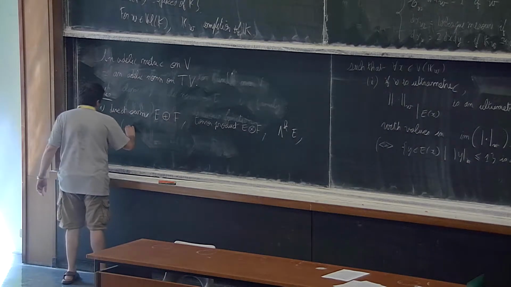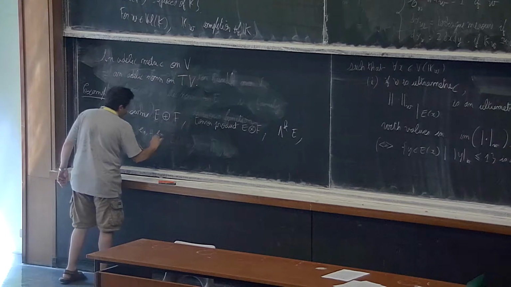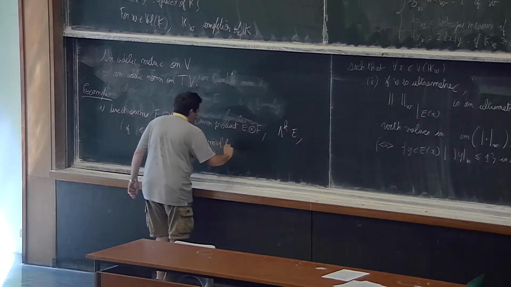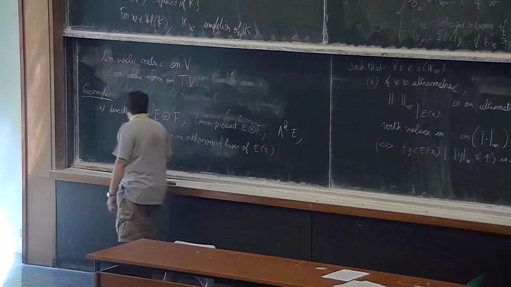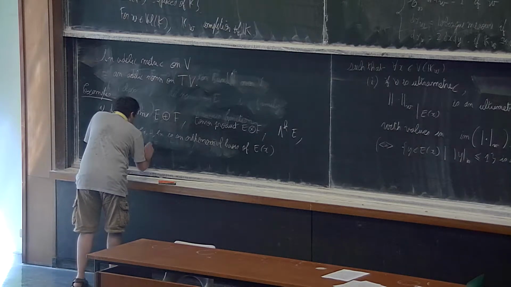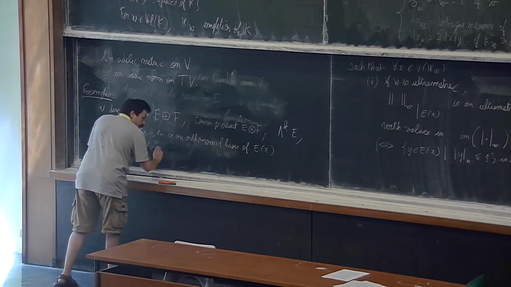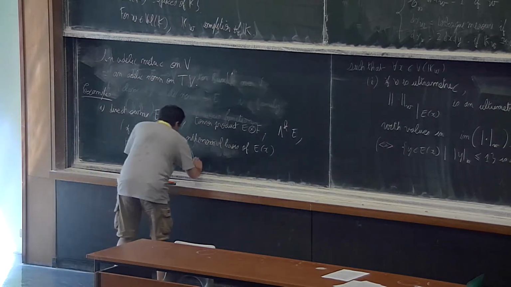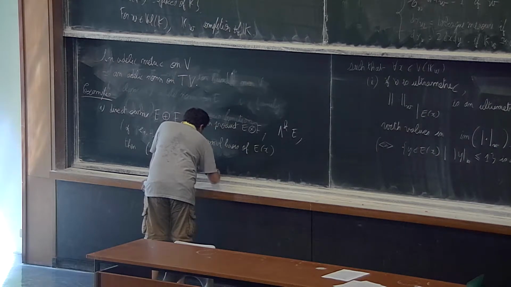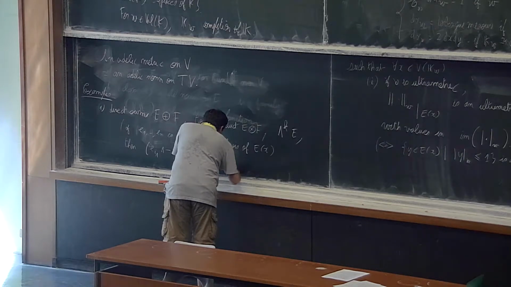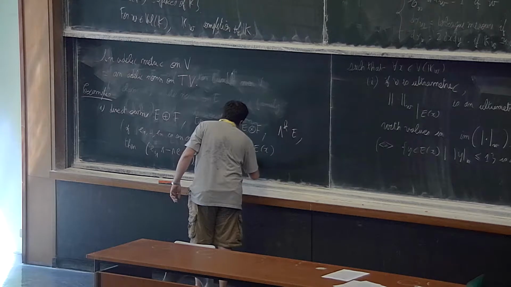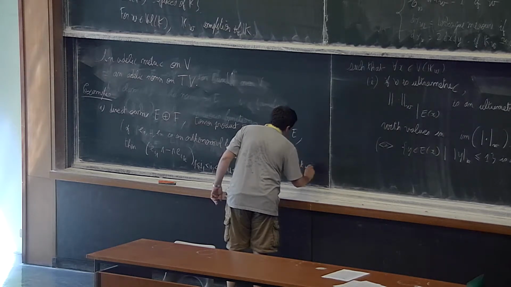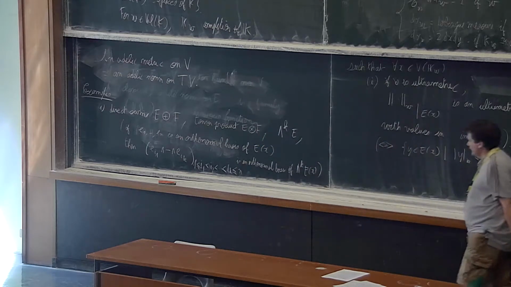If e_1, ..., e_n is an orthonormal basis of E at x, then the family e_{i1} exterior ... exterior e_{ik}, for 1 less or equal to i1 strictly less than i2 and so on strictly less than ik less or equal to n, is an orthonormal basis of lambda k of E at x.